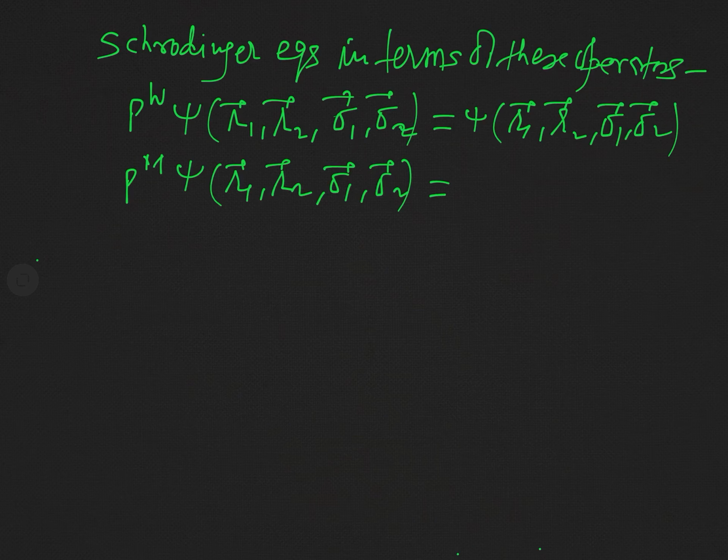As this operator P_M interchanges the positions of the two nucleons, r1 and r2 will be just interchanged, and hence our result will be psi of r2, r1, sigma 1, sigma 2. This operator has no effect on the spin coordinates.